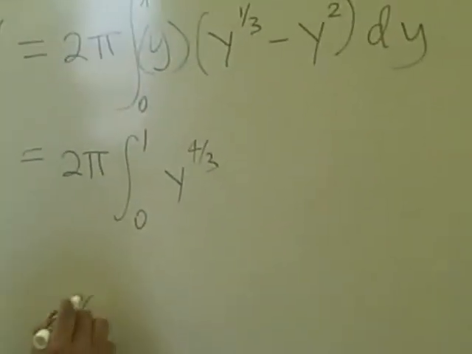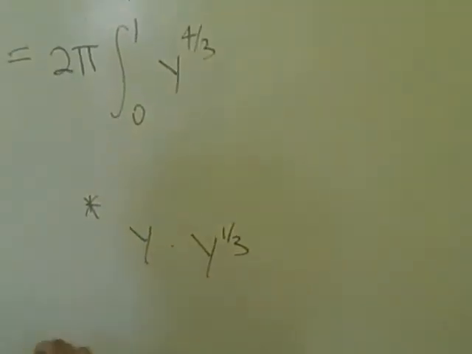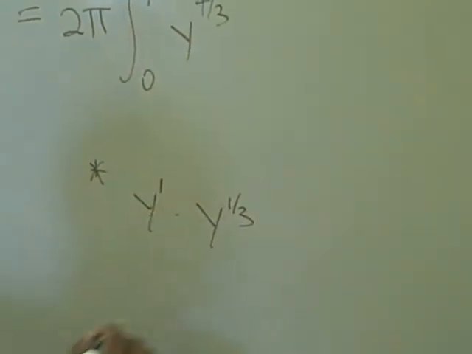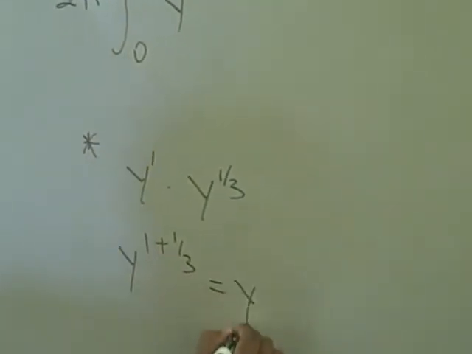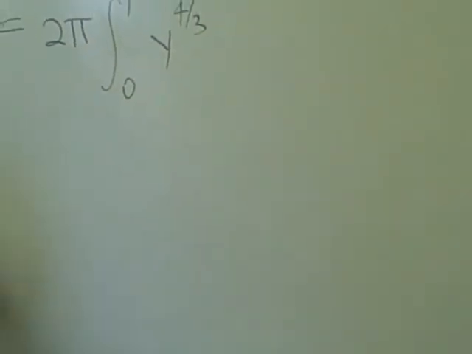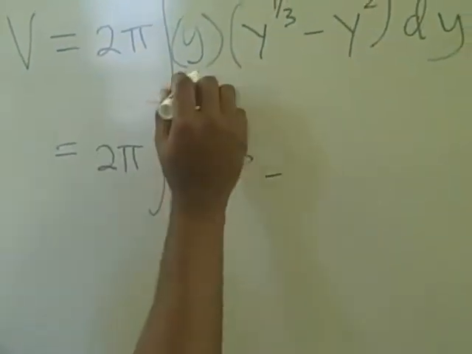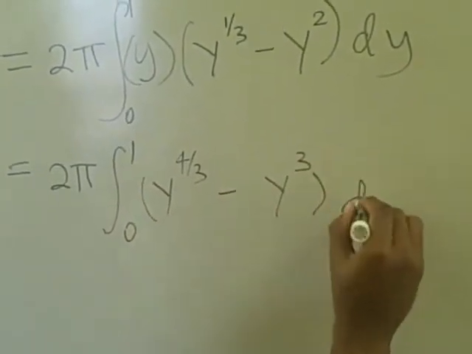Basically the same concept. y times y is y to the 1. So you have to add this up: 1 plus 1/3 equals y to the 4/3. Minus y times y squared gives you y cubed, and the differential element dy.